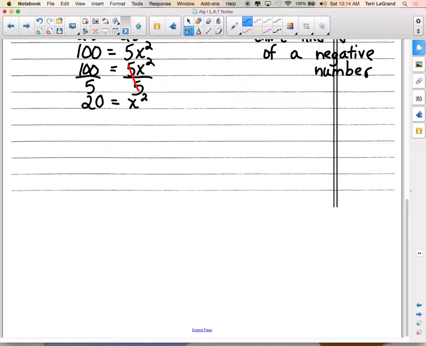But so it is. Now we will take the square root of 20. We will take the square root of x squared. Or if you like it better this way, have them trade sides.